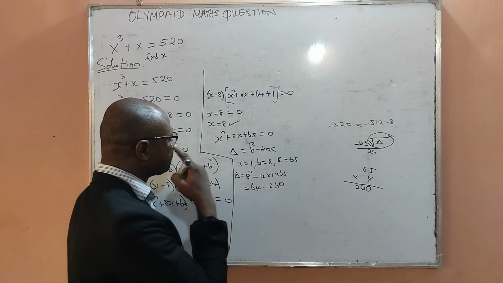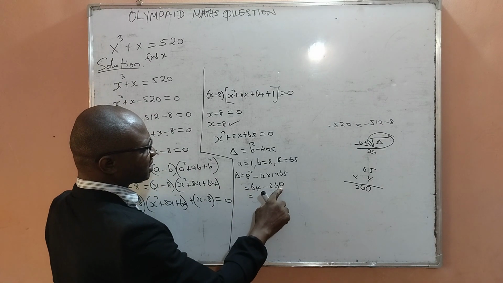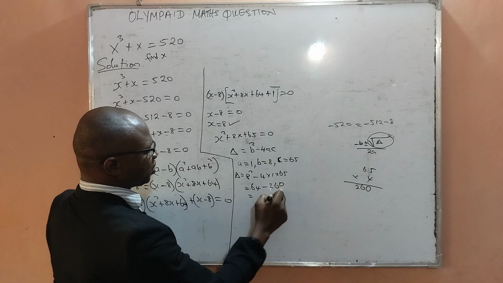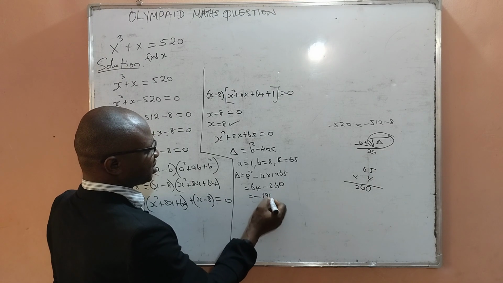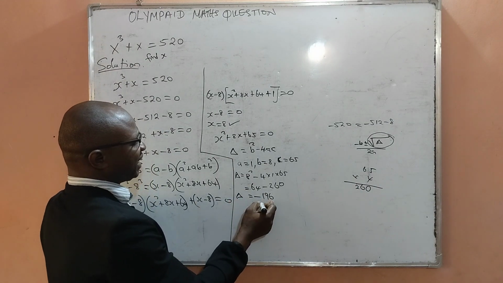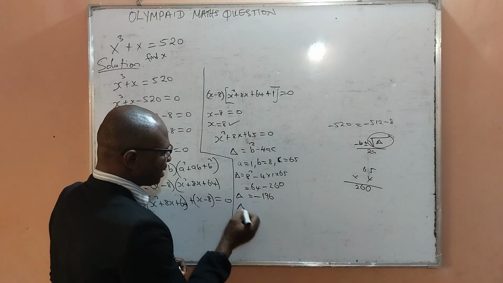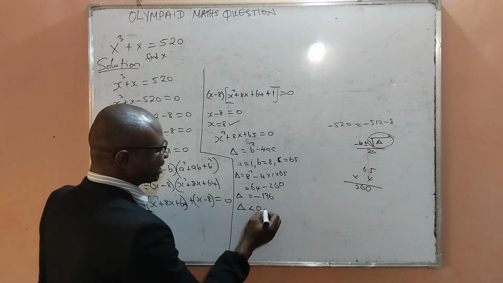Very correct. Now, if we move forward, subtracting 260 from 64, that is going to give us minus 196. Okay, you can now see that delta is less than 0. So we are going to reject it.